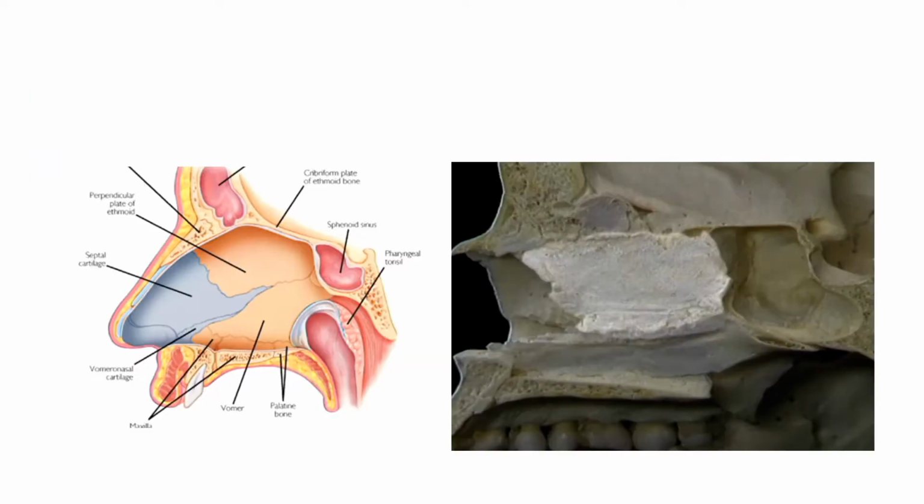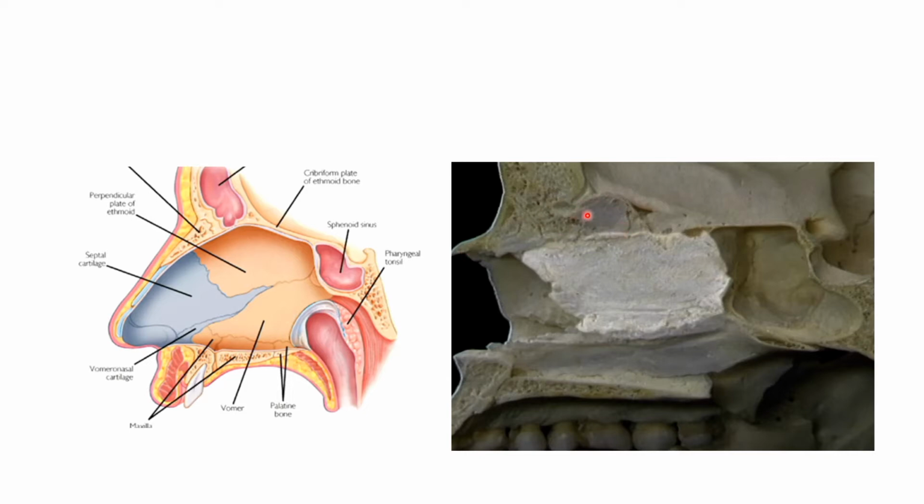In this picture, you can see the nasal septum. You can see the bony part of it, which is contributed by the perpendicular plate of the ethmoid and the vomer, with smaller contributions from the adjacent bones: the maxilla, the palatine bones, and the frontal bone.